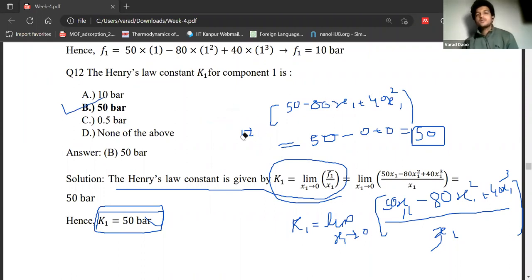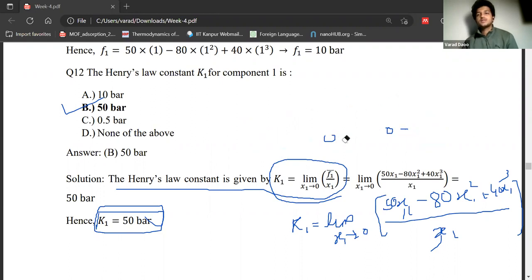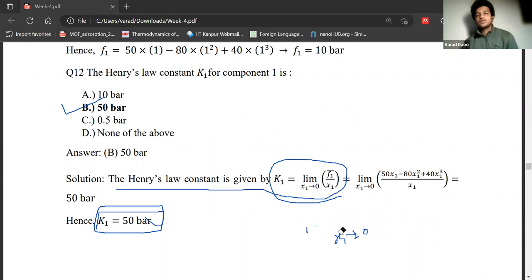I hope the solution is clear to everyone. If anybody has any doubt, they can ask. And in the meantime, if anybody would like to write this down, they can.